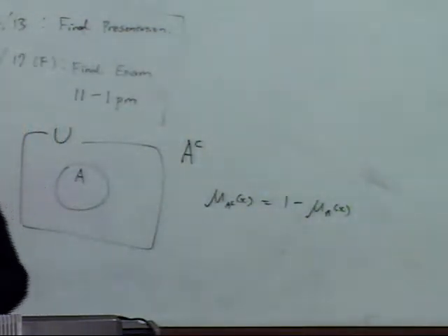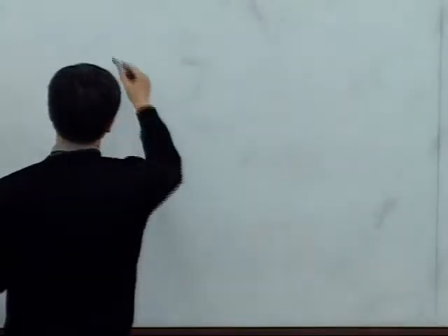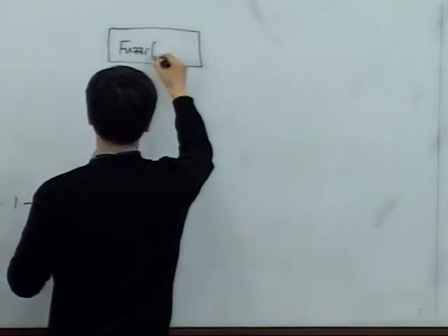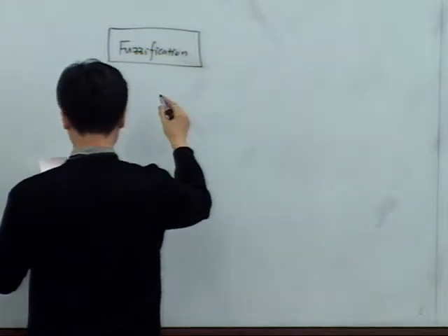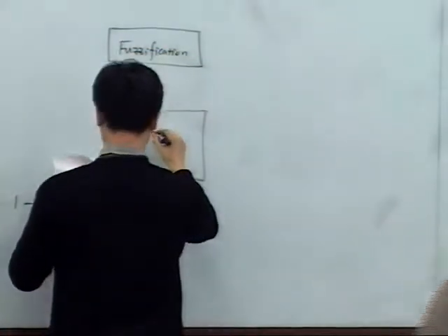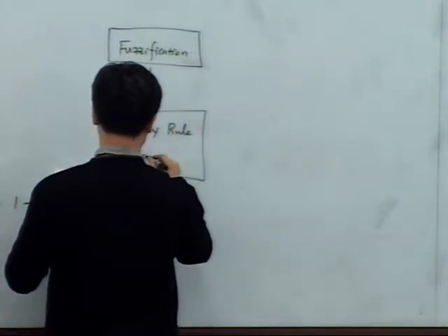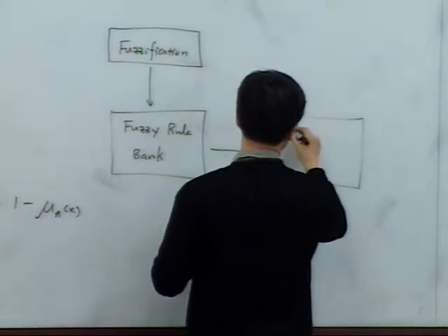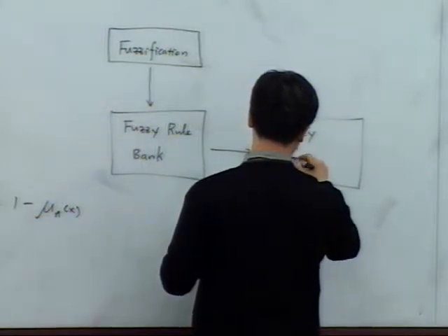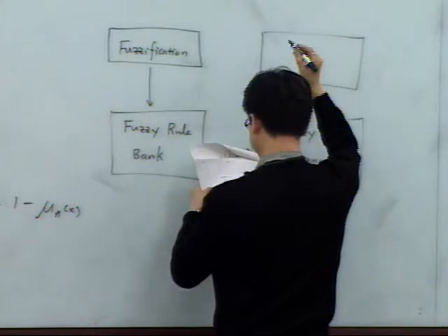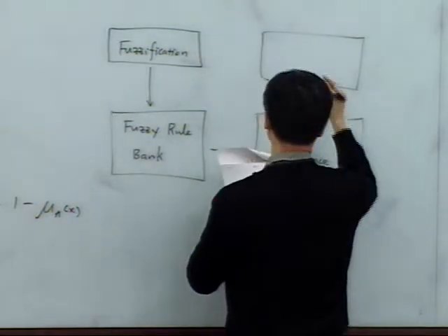Not only fuzzy optimization, but the fuzzy system itself is usually utilized in these 4 steps: fuzzification, and there must be some fuzzy rule banks, and fuzzy inference, and the opposite of fuzzification is called defuzzification.